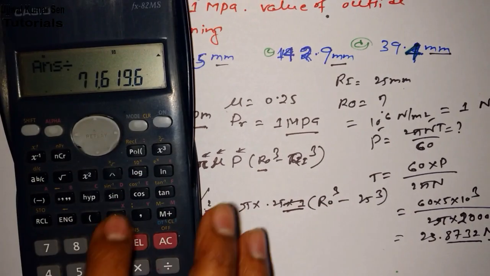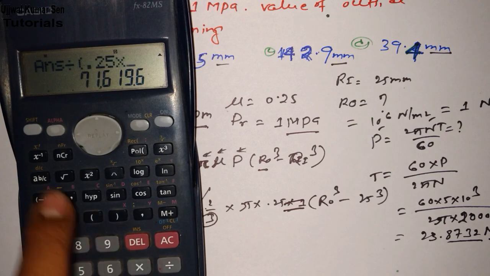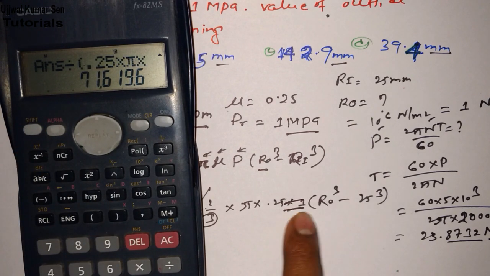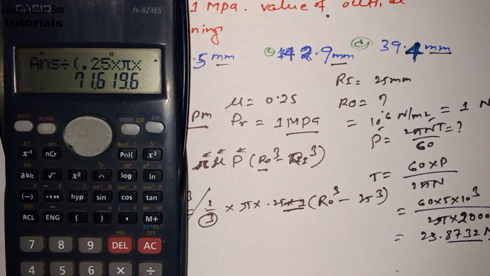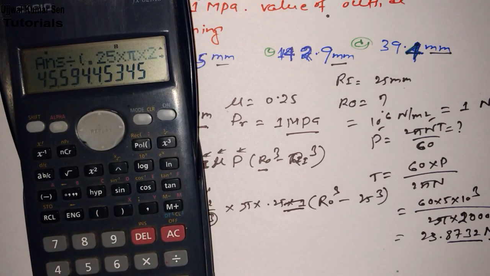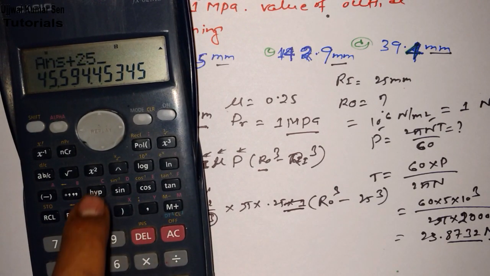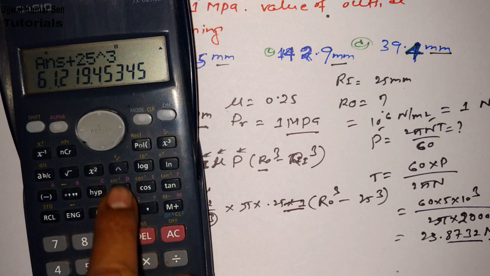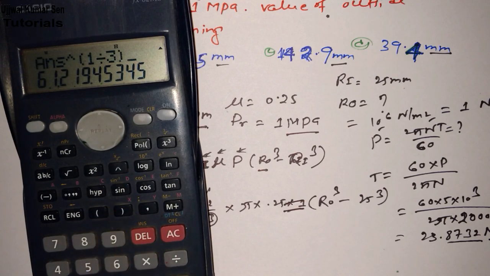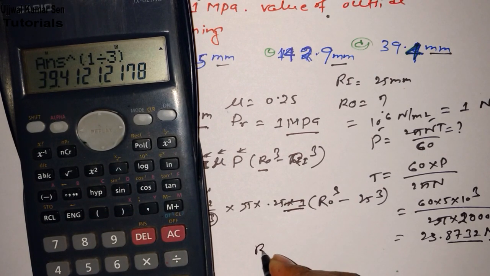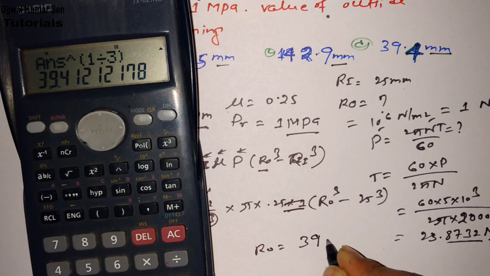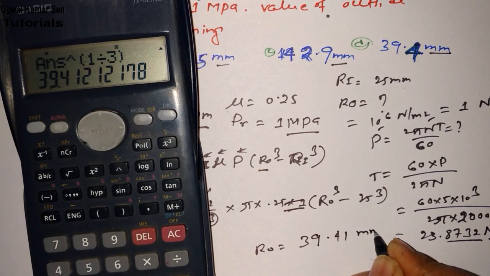Now division: 0.25 multiplied by pi multiplied by, is there anything else? Yes, multiplied by 2. So we got this value, plus 25 to the power 3, and now find its cube root. So we got the value here: R naught is equal to 39.41 mm.